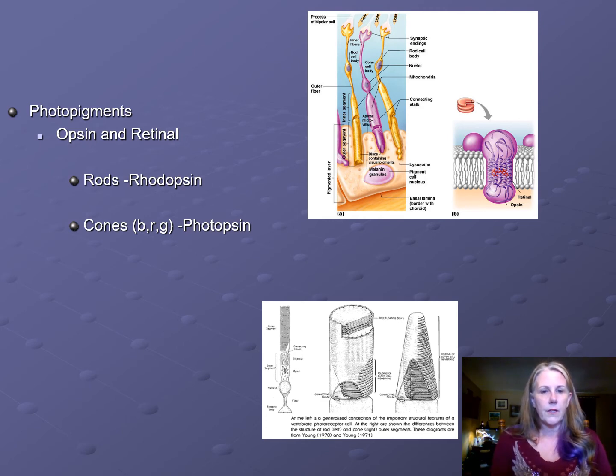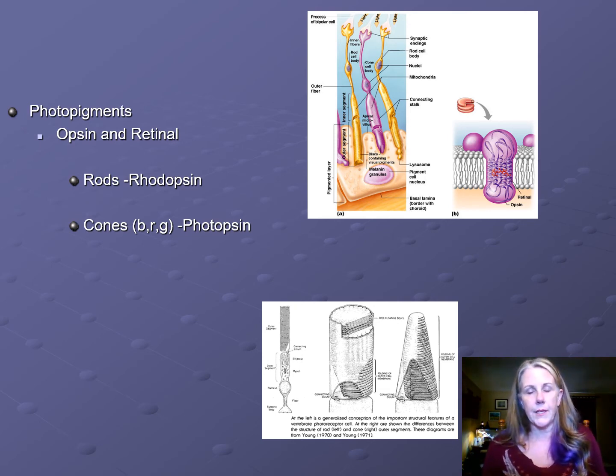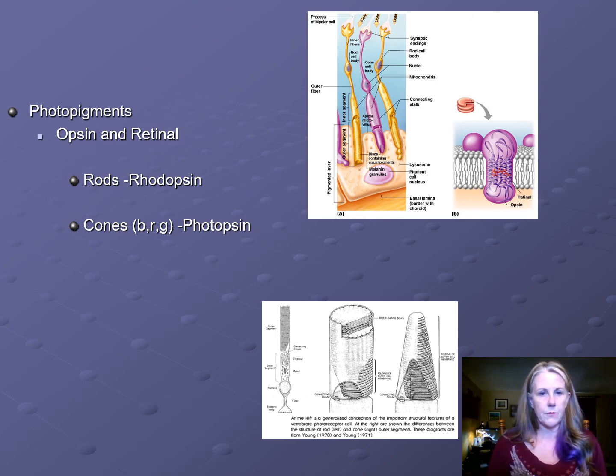Now on to cones. Cones is the other type of photoreceptor. Cones, we have basically three different types of cones. There's three varieties of cones, and it's blue, red, and green. That's why I have the B, R, and G up there. So blue, red, and green.